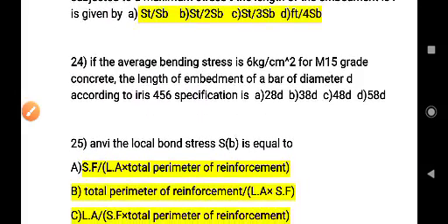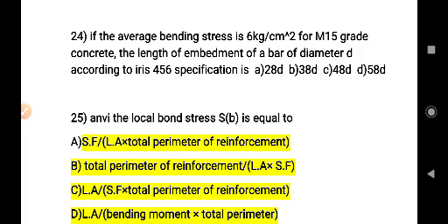Question number 24. If the average bond stress is 6 kg per centimeter square and for M15 grade concrete, the length of embedment of a bar of diameter D according to IS 456 specification is 28D, 38D, 48D, 58D.